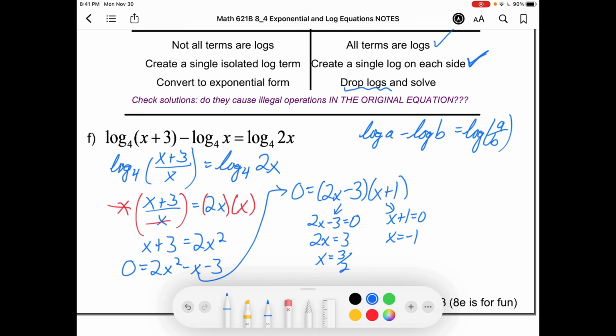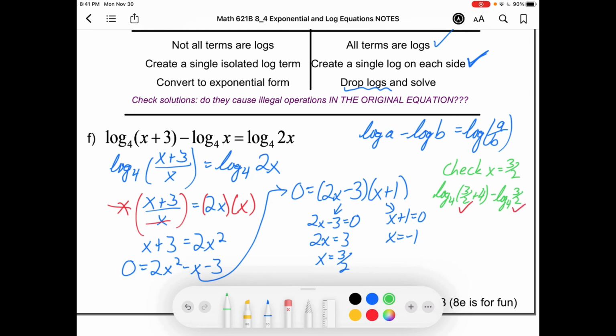Okay, let's see what happens. I'm going to check x equals 3 over 2. And I'm just looking for illegal stuff. So I'd have log base 4 of 3 over 2 plus 4. Is that okay? Yeah, that's definitely a positive number. Let's keep going. Minus the log base 4 of 3 over 2. Again, that is a real number. You can take the log of a positive.